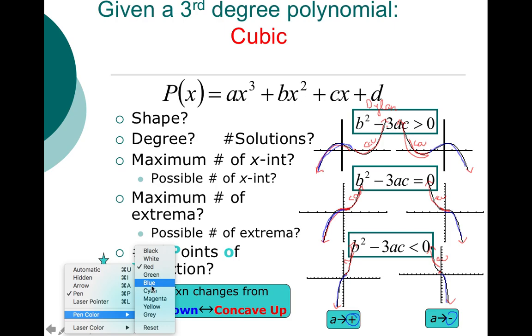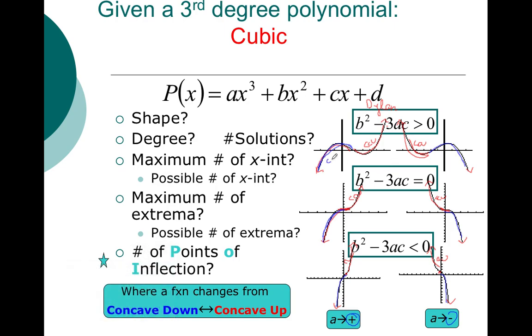Cubic functions are never ever straight. They are either concave down or concave up. Where a function changes from concave up to concave down or vice versa is called a point of inflection.